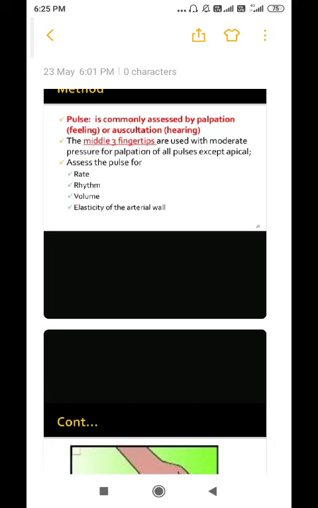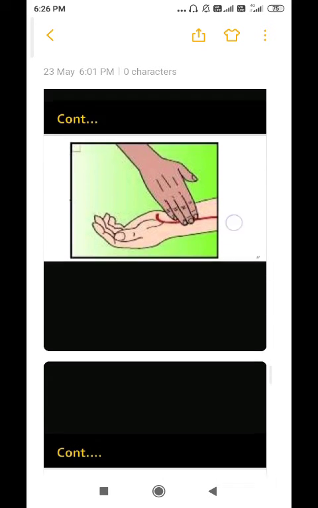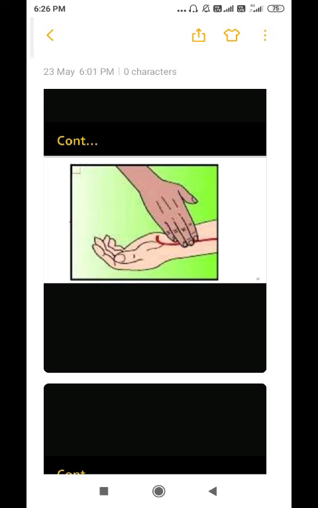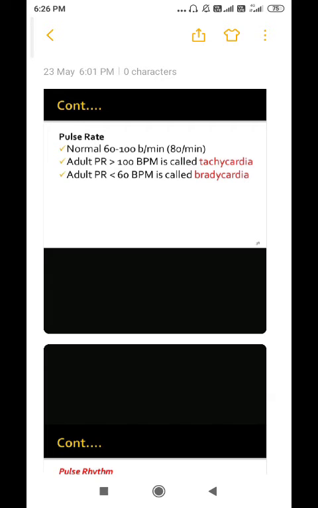Okay, assess the pulses for rate and rhythm, volume and elasticity of the arterial wall. These are the assessments of the pulses. So you see the picture like this. And pulse rate. The normal pulse rate is 60 to 100 beats per minute.